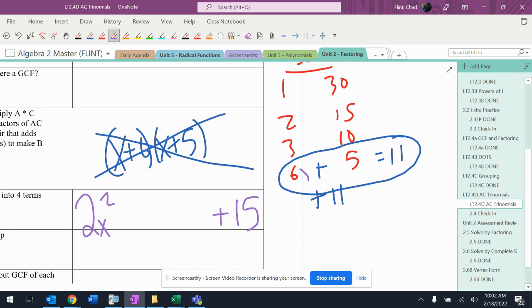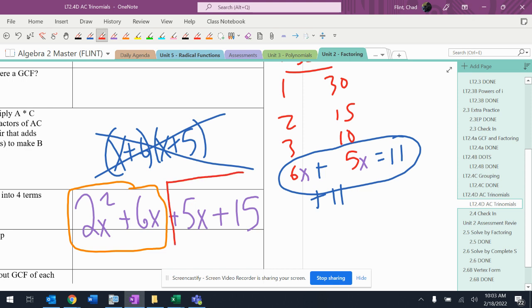I need to place a 6x and a 5x in the middle here. And I have to do it strategically because I need these things to group together and have something come out of them, meaning that I need to have a grouping here and a grouping here that's going to have a GCF for each one that I can pull out. And then now this is just a grouping question.